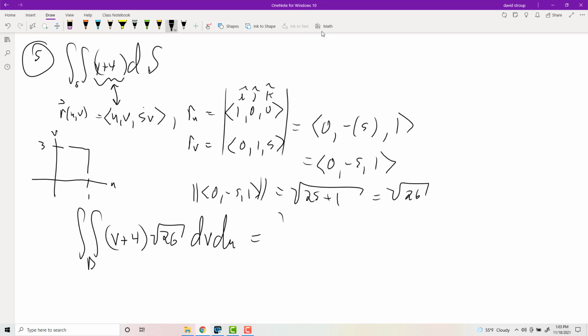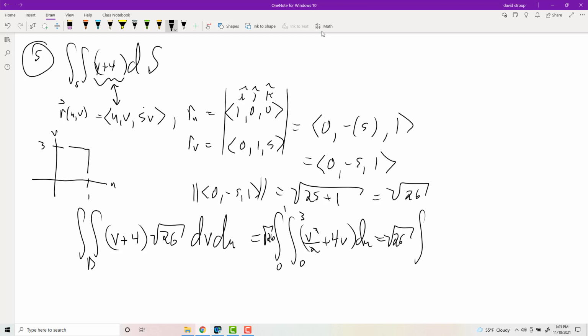So we'll do dv first, and of course the limits on the inner integral are 0 to 3, and then the outer one 0 to 1. So I can factor out the square root of 26, and I'll have v squared over 2 plus 4v du.